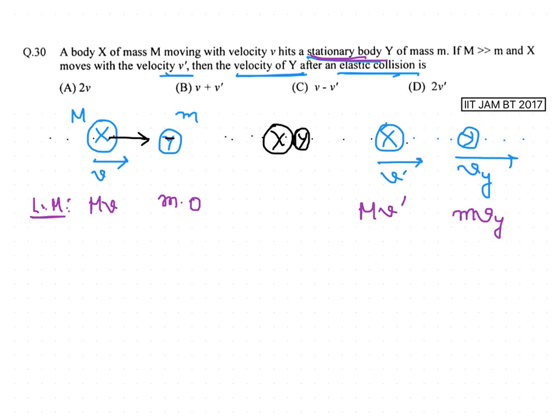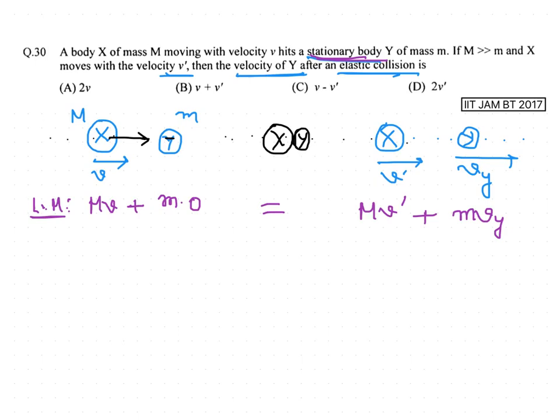What is meant by conservation of linear momentum is the total linear momentum before collision, that is capital M v plus small m times 0, is equal to capital M v prime plus small m times Vy. That is, the total linear momentum before collision is equal to total linear momentum after collision.